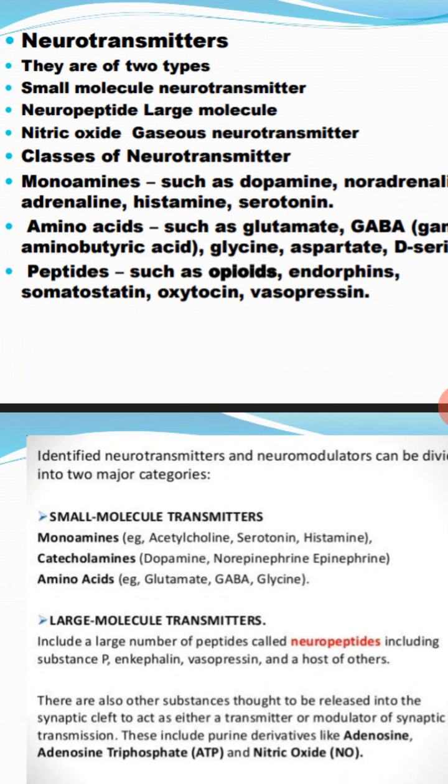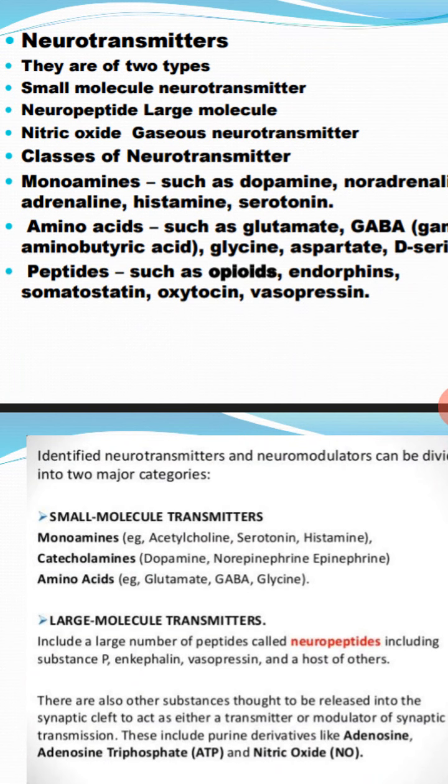Now, having identified neurotransmitters and neuromodulators, they can be divided into two categories, small molecule and large molecule. What are the small molecule neurotransmitters? Monoamines, acetylcholine, which is very important and we have studied a lot about it, serotonin, histamine.